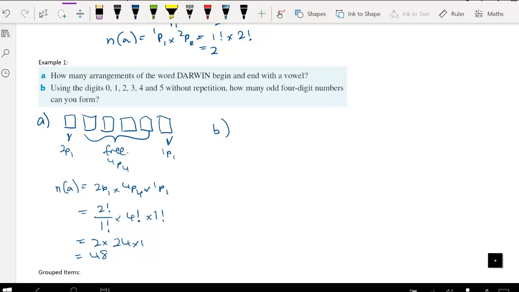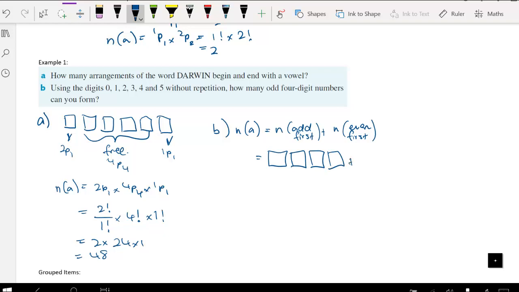With this problem, we could start with an odd or start with an even, and that means we have to break it into 2 parts, because they will give different numbers of possibilities.